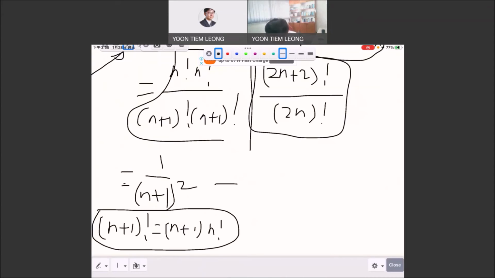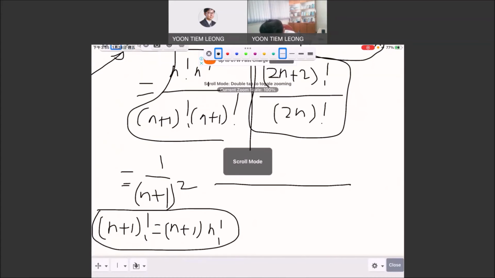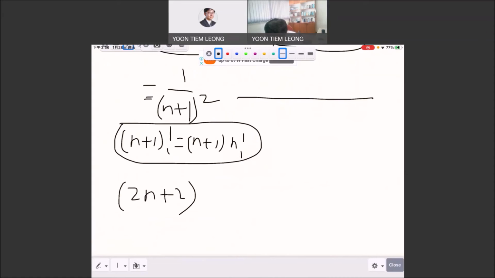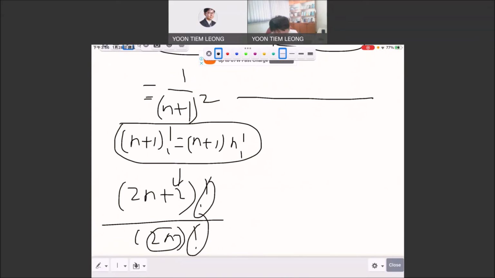And upstairs, we have to release some of the terms. What I want is to make two very simple things. First, I see that there is a 2 here and there's no 2 in this term. Then I also have this factorial, so I want to get rid of this factorial.